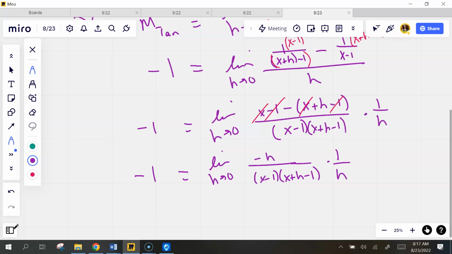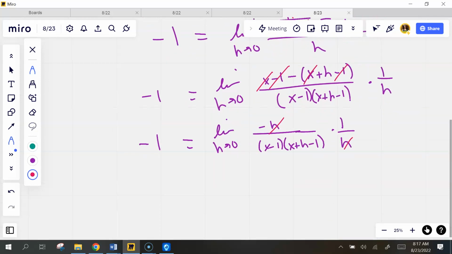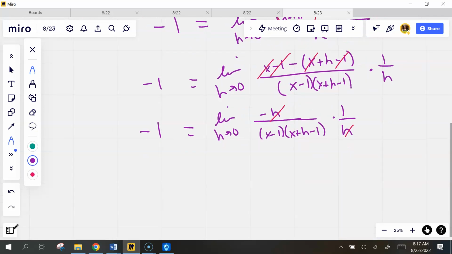Now what happens? Cancel the h's out. That's exactly right. So the h's are going to cancel. So where does -1 equal? Now I have the limit as h goes to 0 of -1 over x minus 1, x plus h minus 1. And now I can sub in.